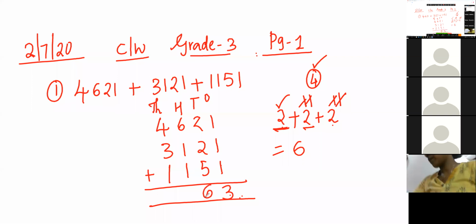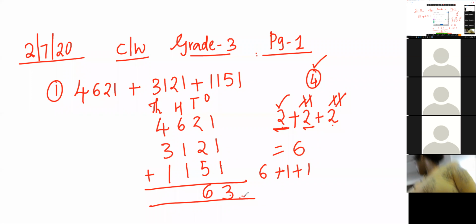Coming to the hundreds place, what do we have? 6 plus 1 plus 1 plus 1. Keep 6 in the mind, 1 finger open. 6 after 7.